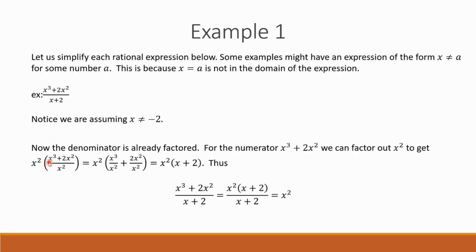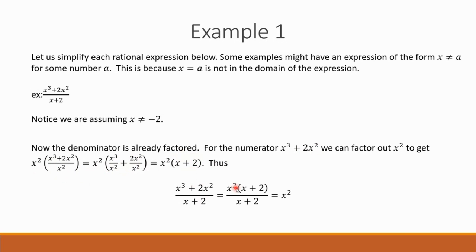So we have x squared in front. We divide to see what's left over. When you divide into each term, you get x squared times x plus 2. See? Because when you divide, remember, you subtract exponents.